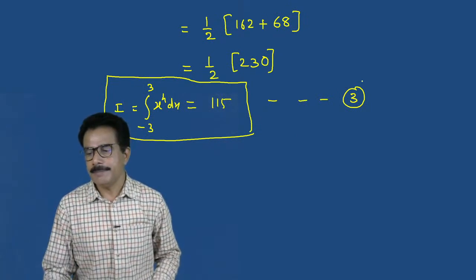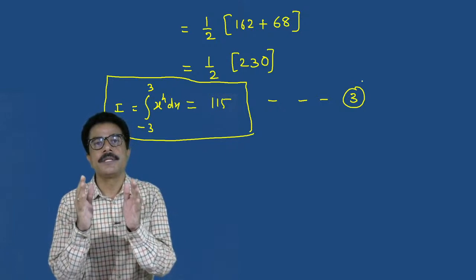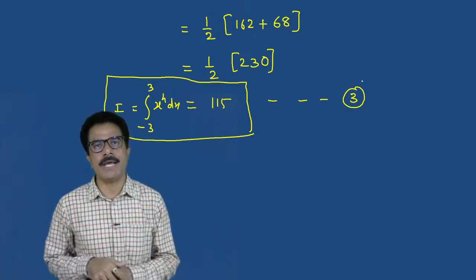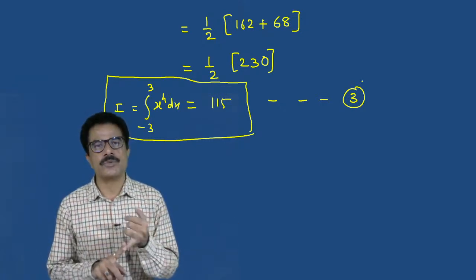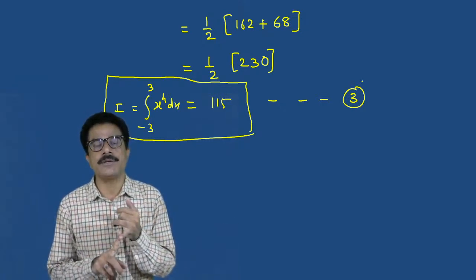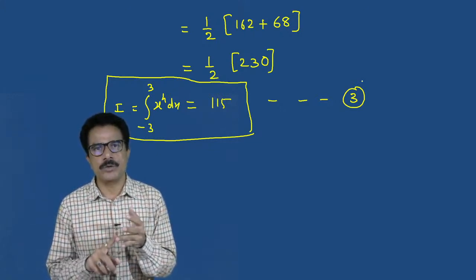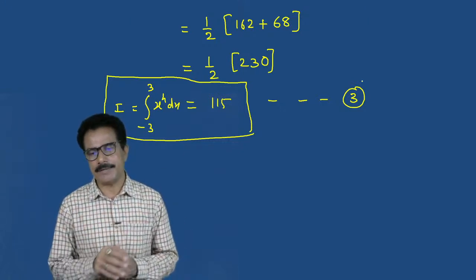Now you tell me which is the correct value, or which is a nearly equal value, which is a more accurate value to the exact value. Simpson's 1/3 gives accurate value, or now you tell me, trapezoidal rule or Simpson's rule, which gives more accurate value.